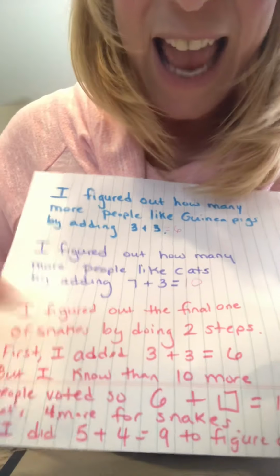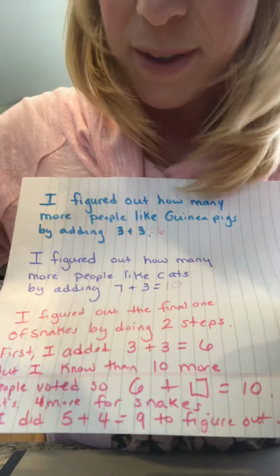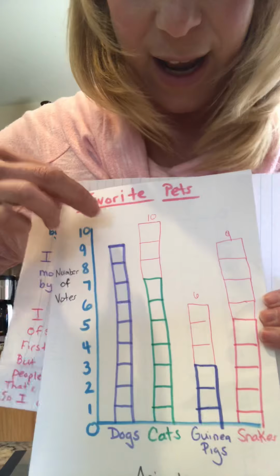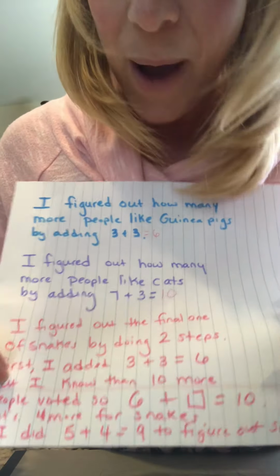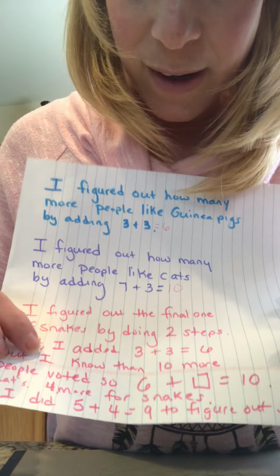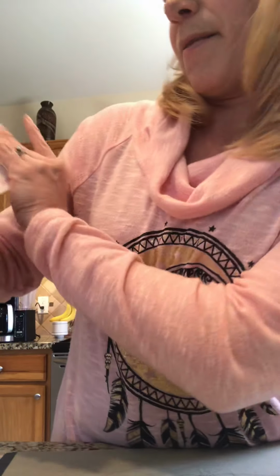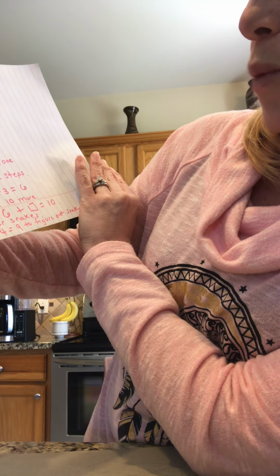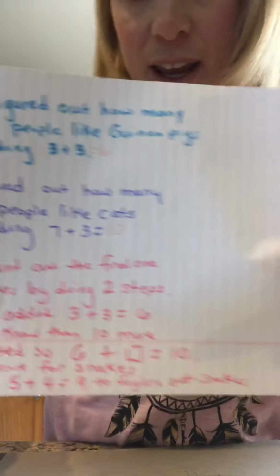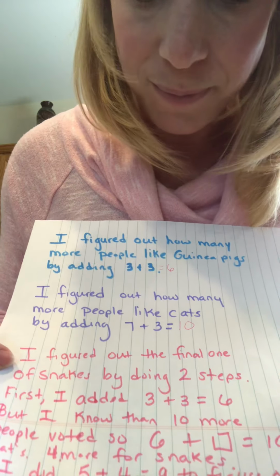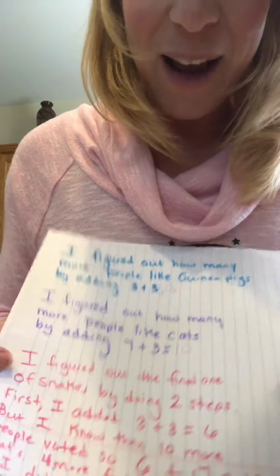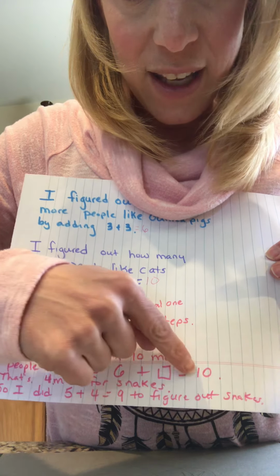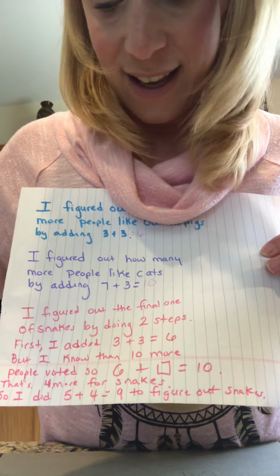Okay, so first I added 3 plus 3 equals 6. So remember, on here I added the 3 plus the 3 and I got to 6. But I know that we had 10 people who voted. So what did I do? So I had to figure out 6 plus what equals 10.